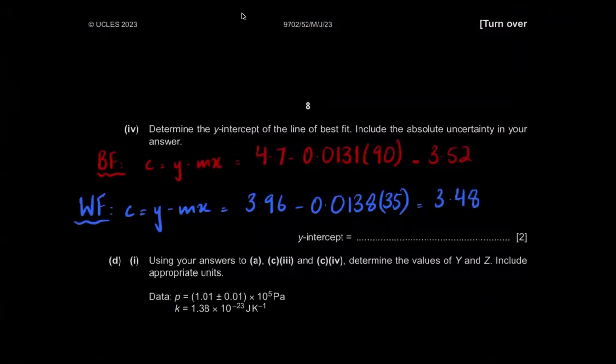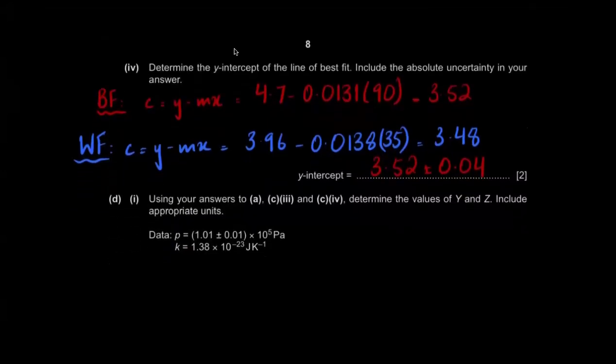So 3.48. Again, writing my answer, it's the y-intercept of the line of best fit plus the difference between the two, which you can see here is 0.04. So now this stuff is done.